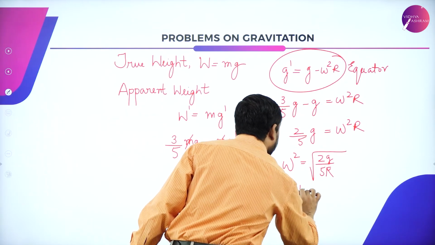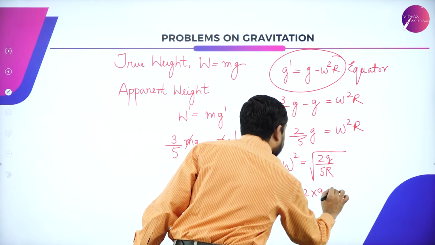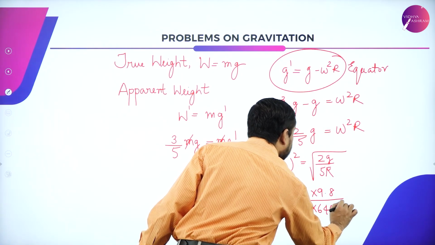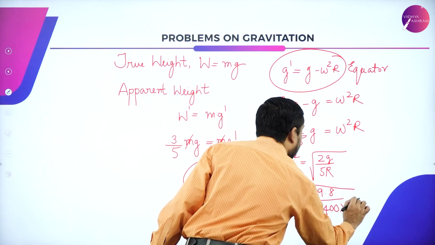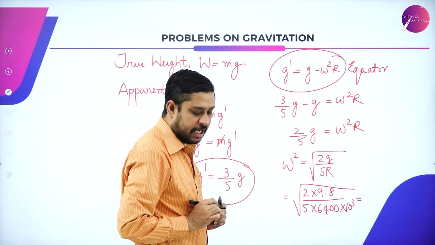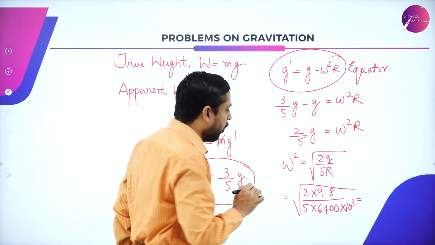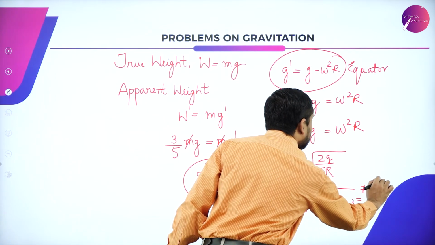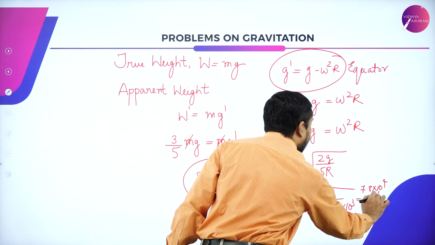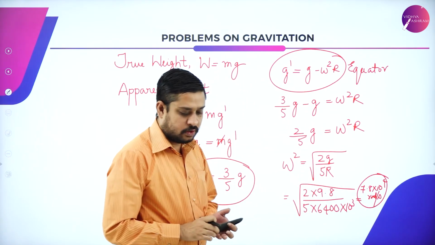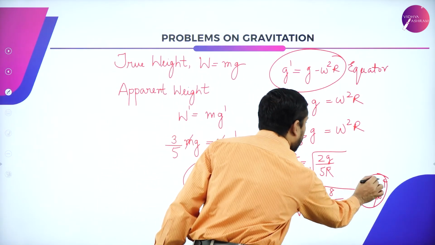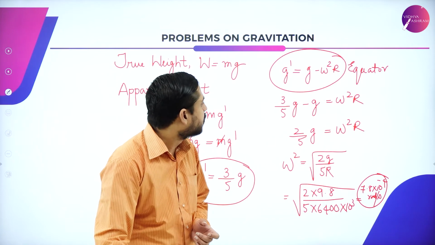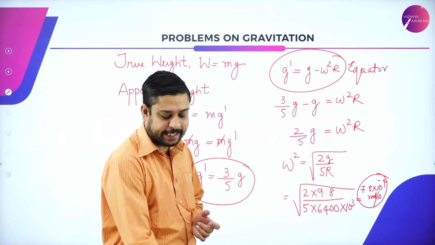So this is root 2 into 9.8 over 5 into 6,400 kilometer, which turns out to be equal to 7.8 into 10 power minus 4 radian per second.